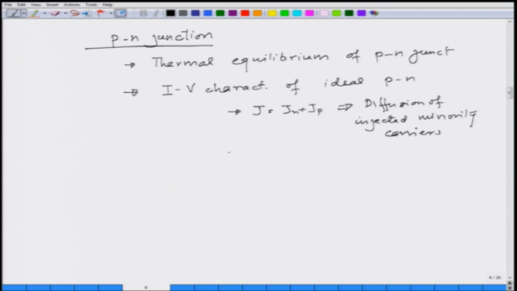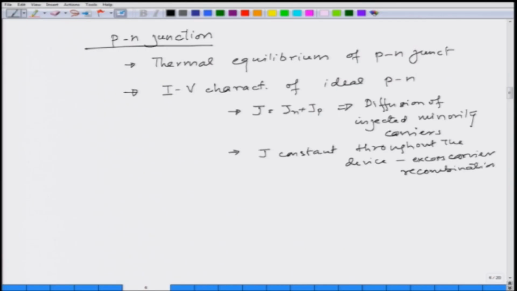We also looked at how the total current J should remain constant throughout the device, and this requires excess carrier recombination, and this is how one makes LEDs in a direct band gap semiconductor.